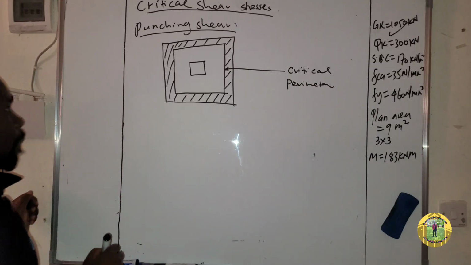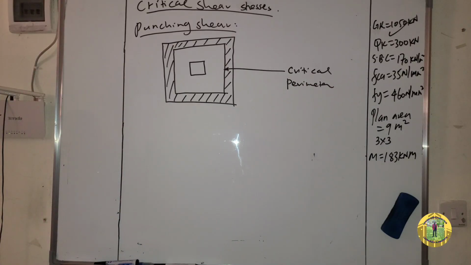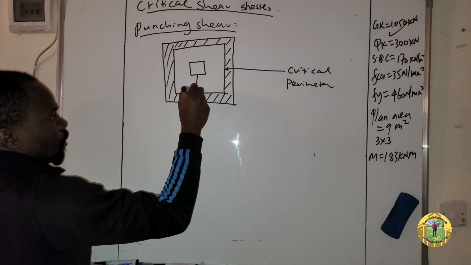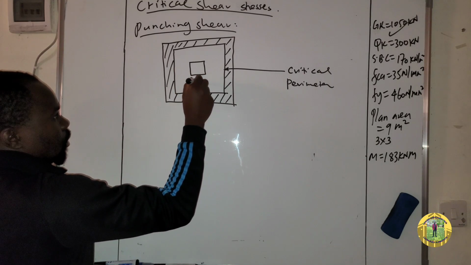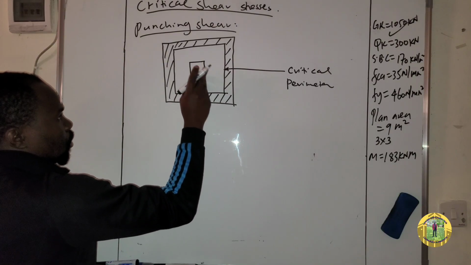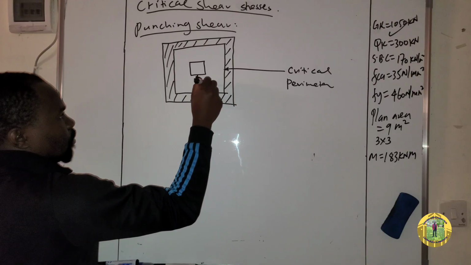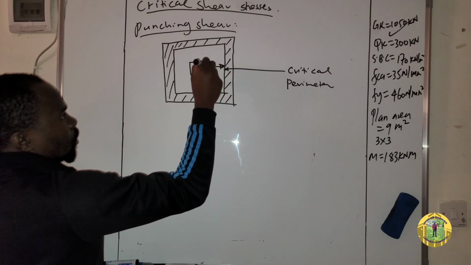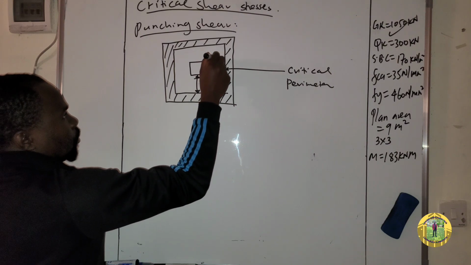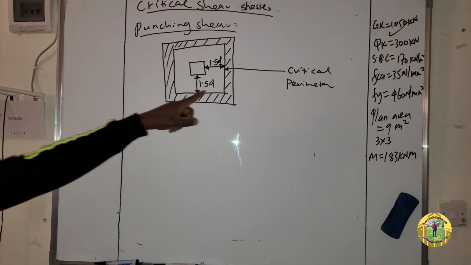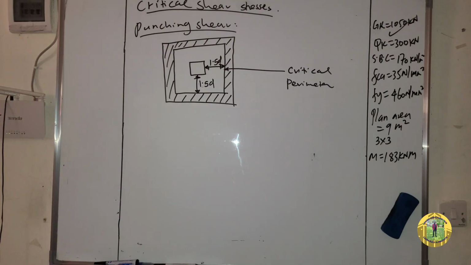And remember, this distance is 1.5 D. Also here, 1.5 D. So now we are supposed to calculate the critical perimeter for this column.